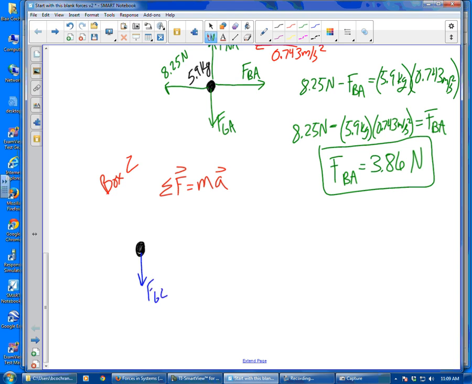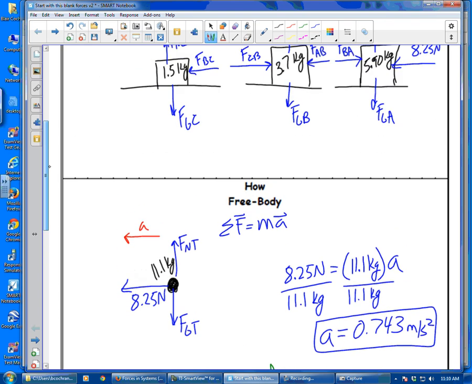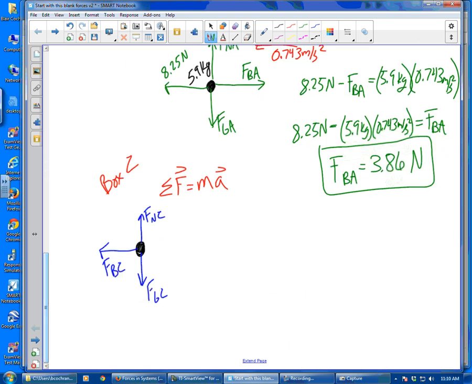Weight of C, normal force of C, and then force of B on C. What was its inertia? 1.5? Okay, thank you. 1.5 kilograms. And then the only other thing I need to fill out my equation is my acceleration, which is 0.743 meters per second squared.